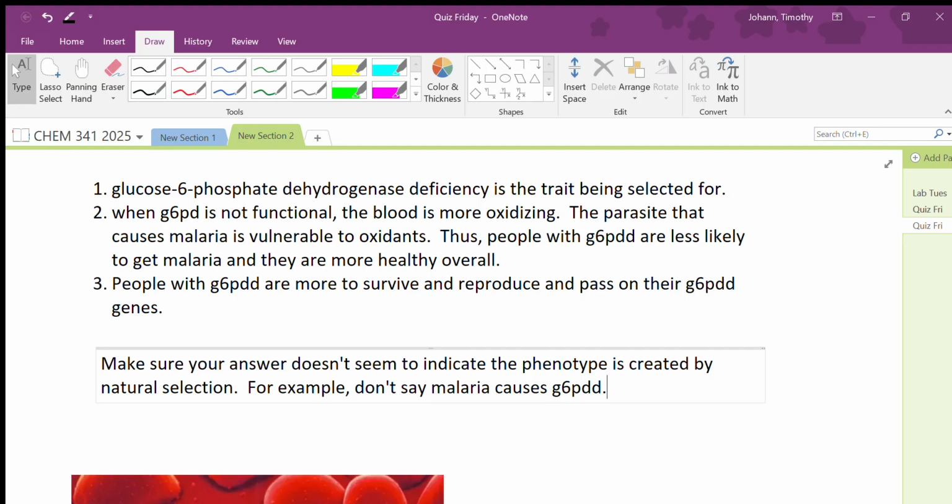Does that make sense? Malaria causes people who have glucose 6-phosphate dehydrogenase deficiency to be more likely to survive, but it doesn't cause them to get it, if that makes sense, right?